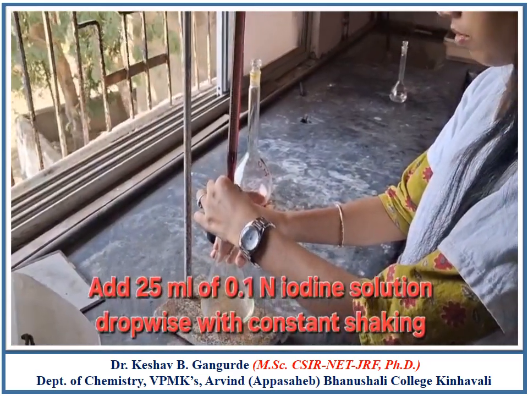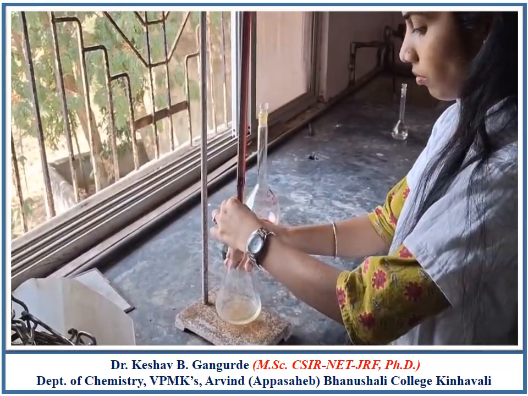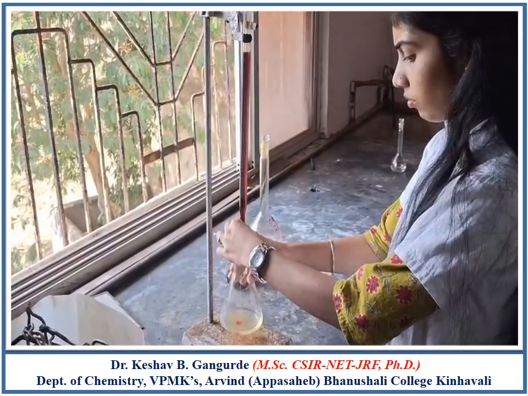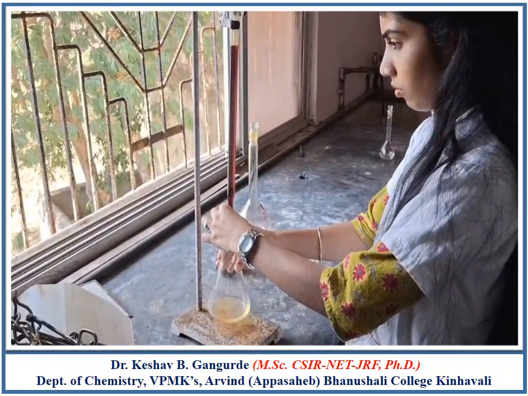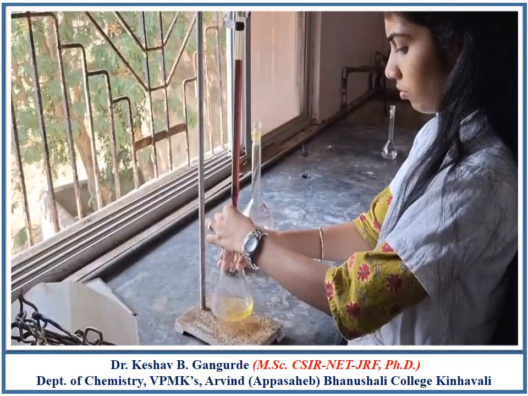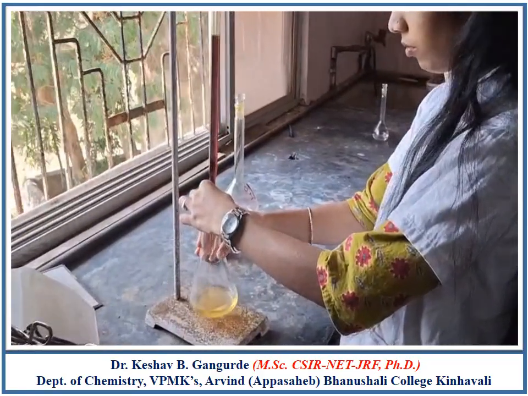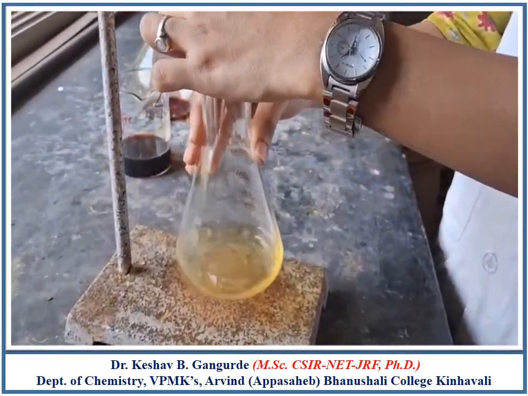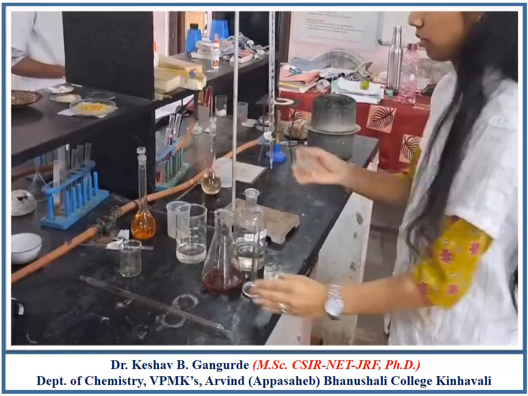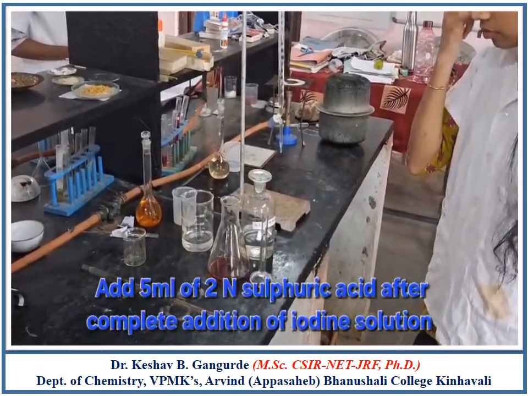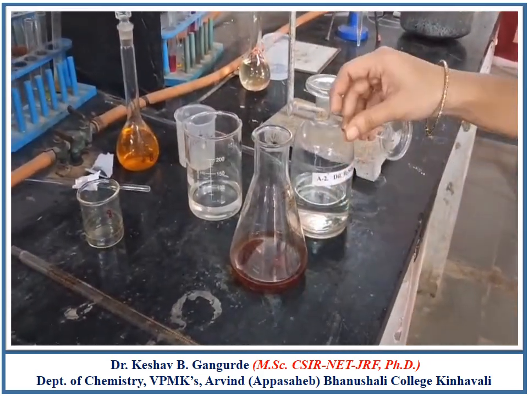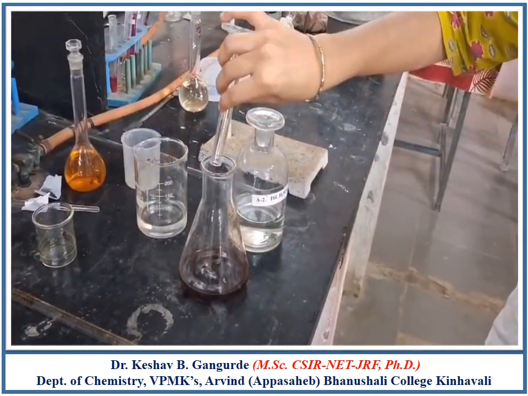Now to the same flask add 25 ml of 0.1 normal iodine solution. Do the stirring continuously while doing the addition of iodine solution. After completion of addition of 25 ml of 0.1 normal iodine solution, add 5 ml of 2 normal H2SO4.